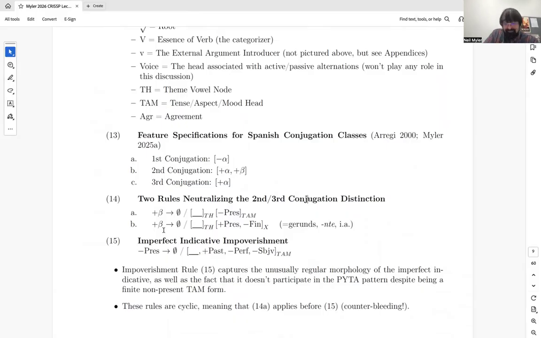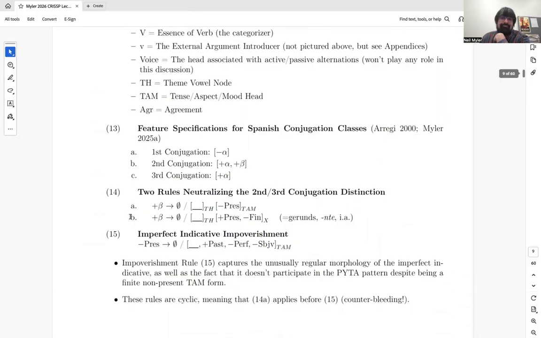In Italian, you have a merger between the second and third conjugations in the gerund, in the present participle, meaning that you have an equivalent of Rule 14b. But you don't have a similar merger in the non-present tenses. So Italian, in other words, has an equivalent of Rule 14b, but no equivalent of Rule 14a. And that shows you can have one without the other, and that they are different neutralizations.